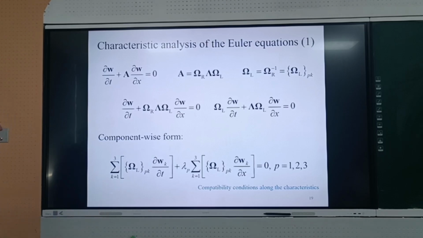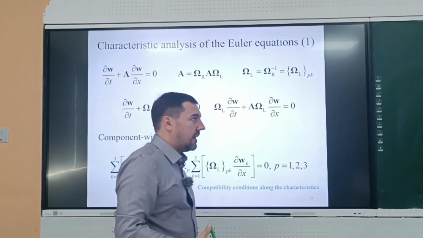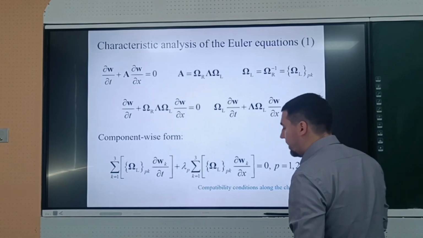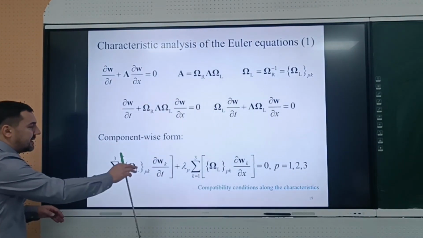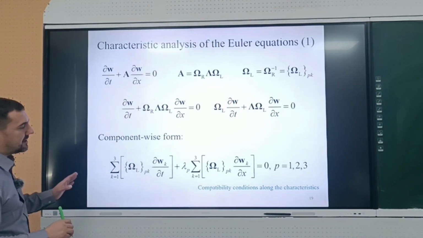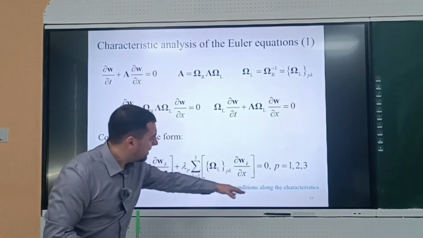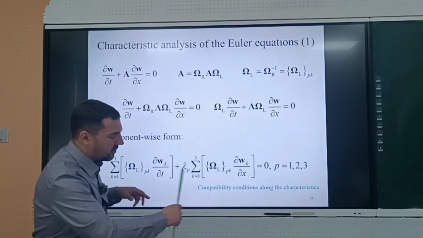These three conditions are called in the literature compatibility conditions along the characteristics. And again, I'd like to stress that all these are different forms of notation for the same system. You should understand that these three equations are actually written in this one row.